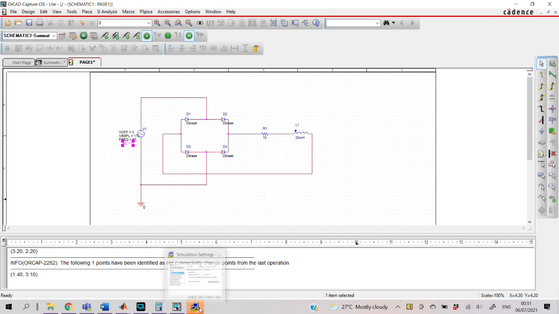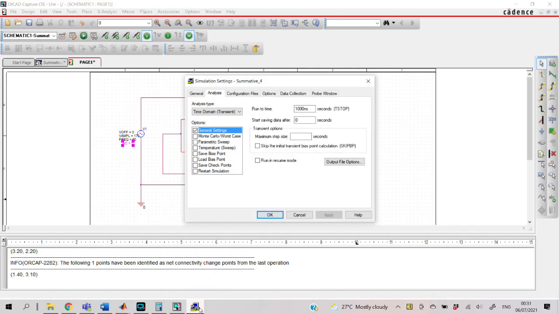A new dialog box came in, and for the runtime it should be 33.34 milliseconds, which means twice the period or 2 periods, and it will start saving at 16.67 milliseconds.